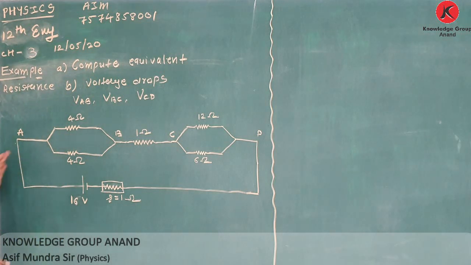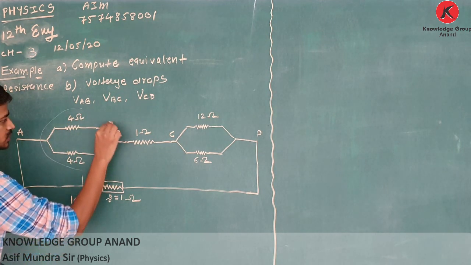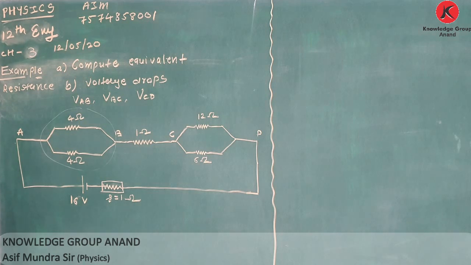Clear about this? First of all, we have to find equivalent resistance. How to find it? From the figure it is clear: these two resistors between A and B are in parallel connection.